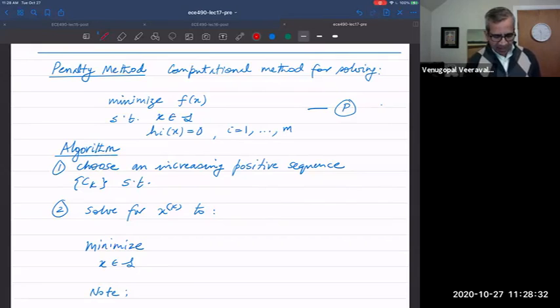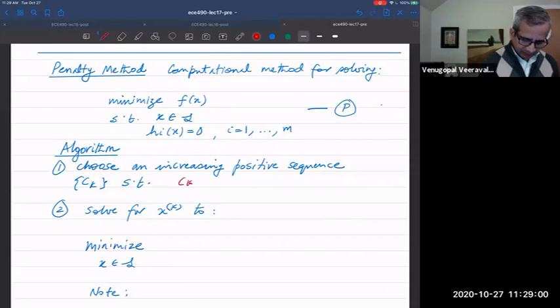And that something that you add should be such that in some limit, the effect of that addition goes away. So here, instead of taking a sequence of coefficients that goes to 0, we take an increasing positive sequence. So ck is an increasing positive sequence, and let ck go to plus infinity as k goes to infinity.